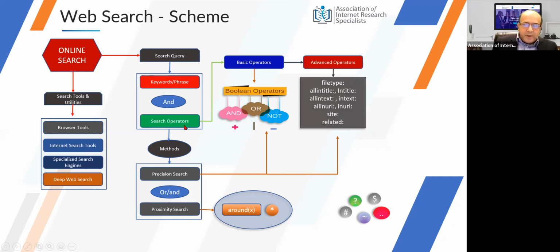But the search operators we have divided into basic operators and advanced operators. I don't know whoever invented the term basic, but basic doesn't mean that they're less important, and they are applied in advanced search queries.